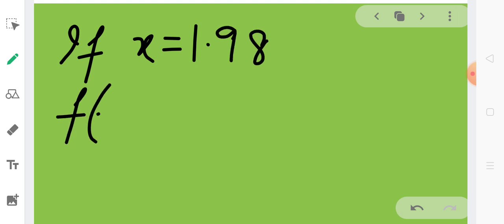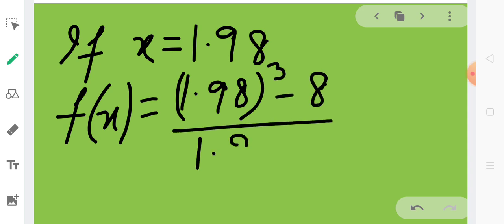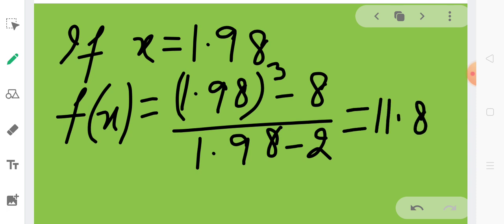So what should be f(x)? f(x) should be (1.98 whole cube minus 8) divided by (1.98 minus 2). So on solving this fraction, you will get f(x) equal to 11.88.